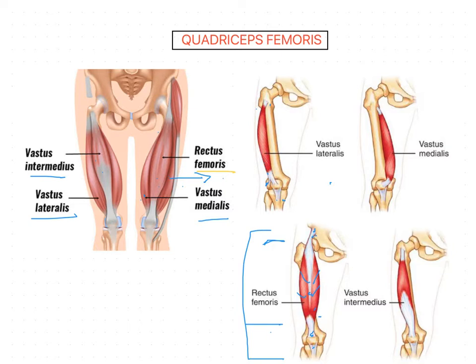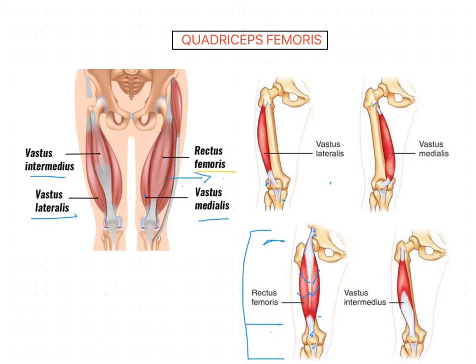For the vastus medialis, the origin is from the lower part of the intertrochanteric line, as well as the spiral line, the medial lip of the linea aspera, and the upper one-quarter of the medial supracondylar line.